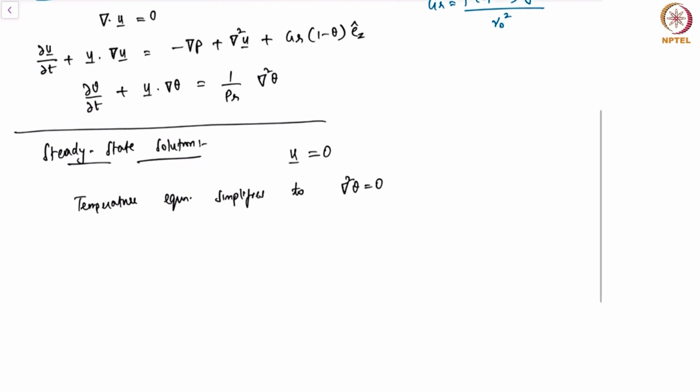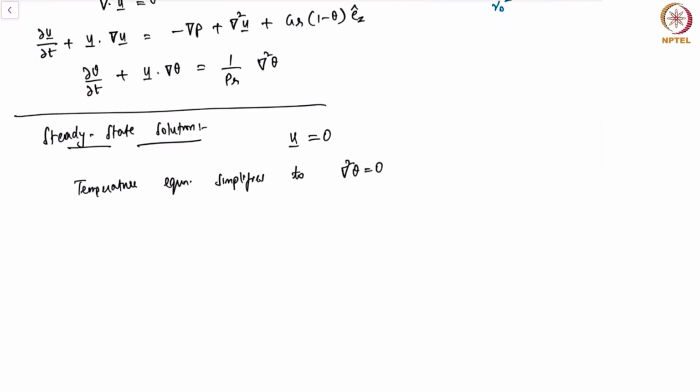Further, there are no variations in x or y. All the variations will be in z, and therefore this essentially becomes d square theta by dz square is 0.